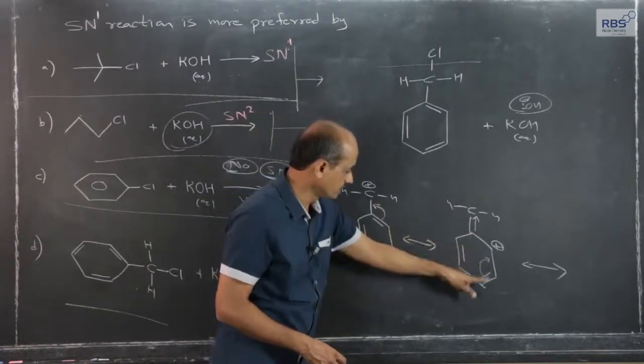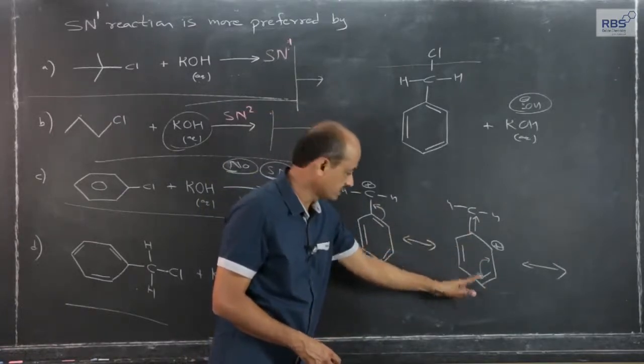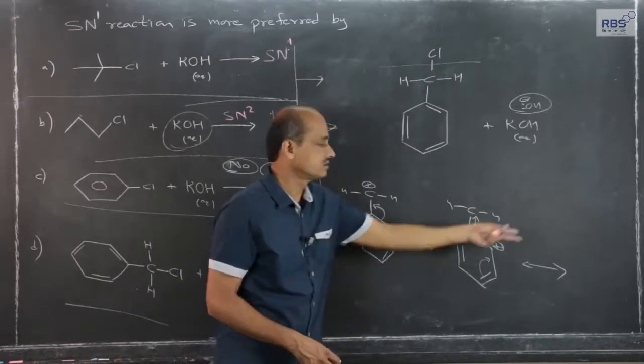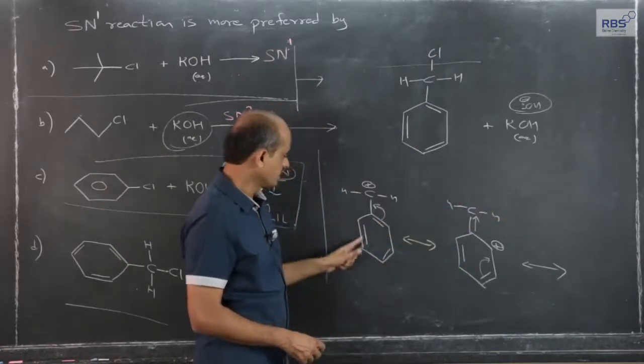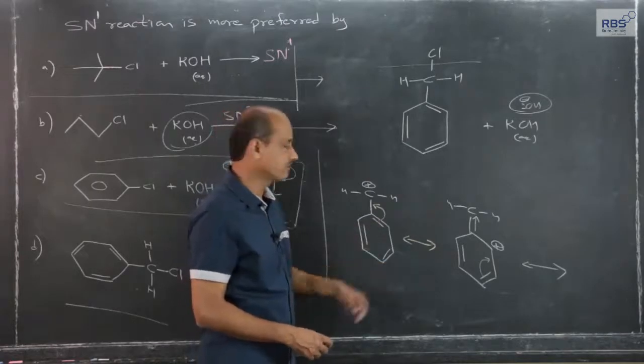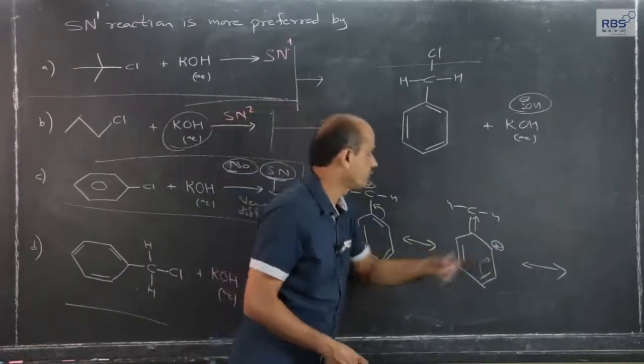This pi will move here, positive charge will come here, and then again. So there are 4 resonating forms. Considering the resonating form of benzene, it can be 5. So there are various resonating forms.